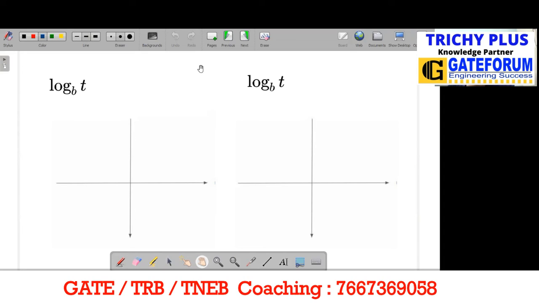So for this log b, don't Google it. Just think, and you can take whatever you want. You can take b as 0, e and 10, or you can take a positive or negative number, whatever.